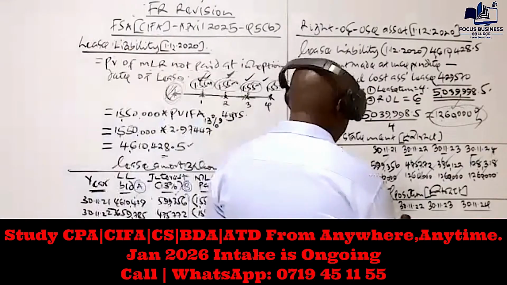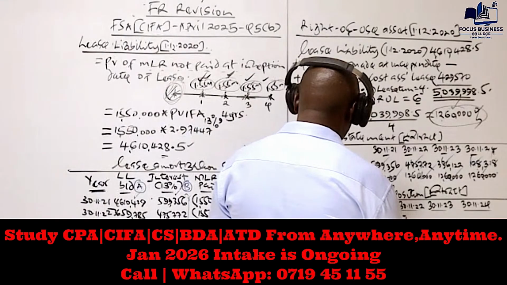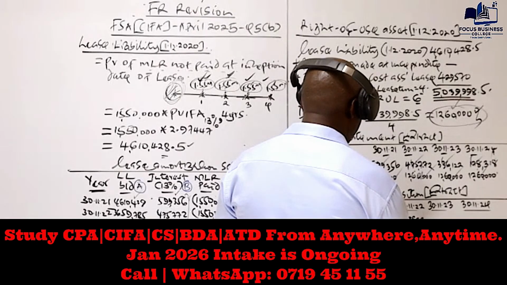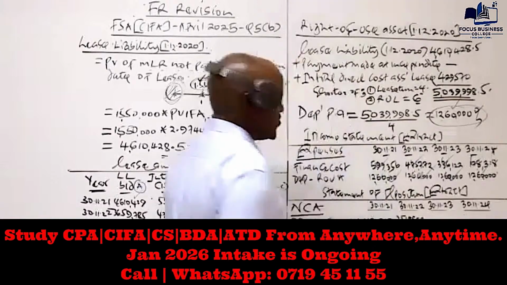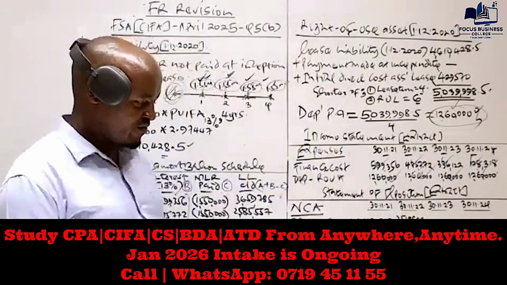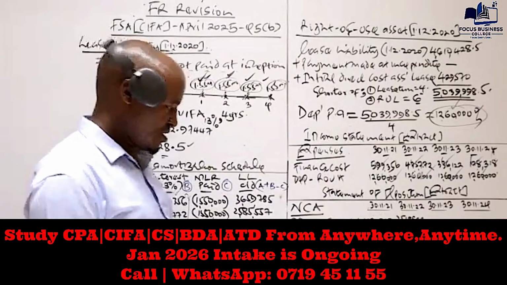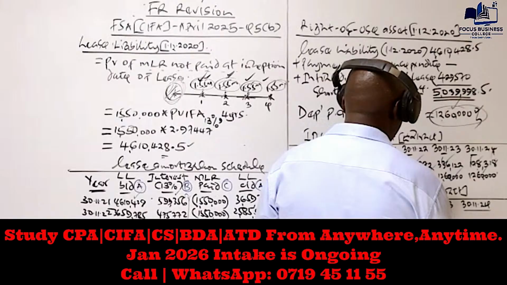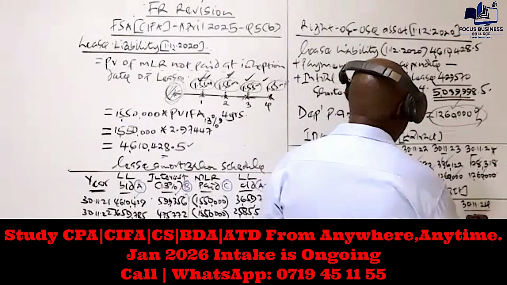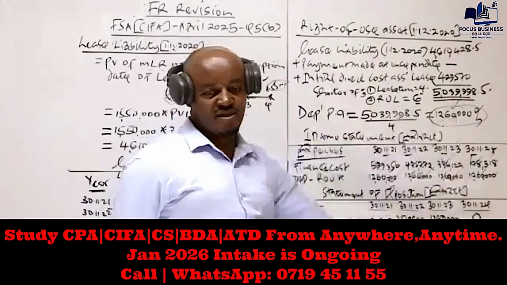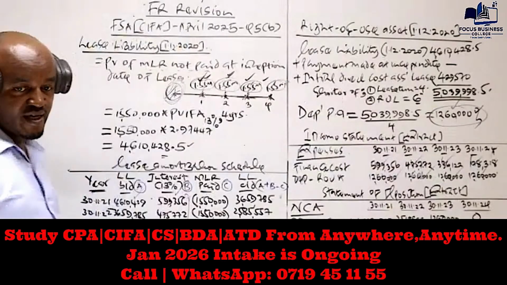That will give us 25,19,999. Then we take that value, we less depreciation for year 3, which is 1260 x 4, and that will give us 000. Here the net book value will automatically be 0 because it is this minus that. So that's how we compute the value for the right of use asset.